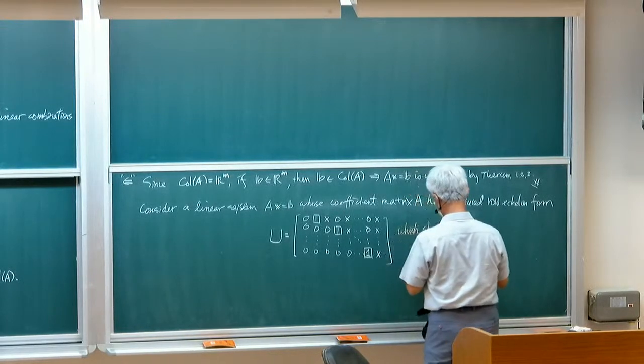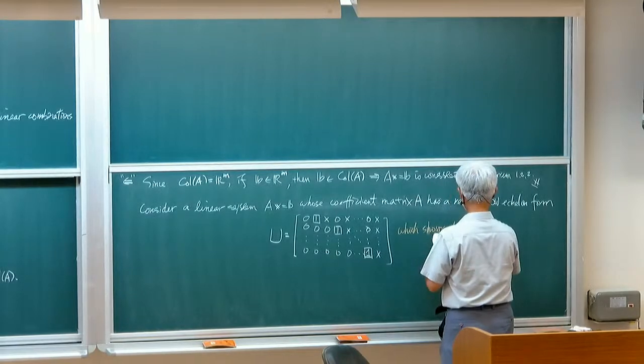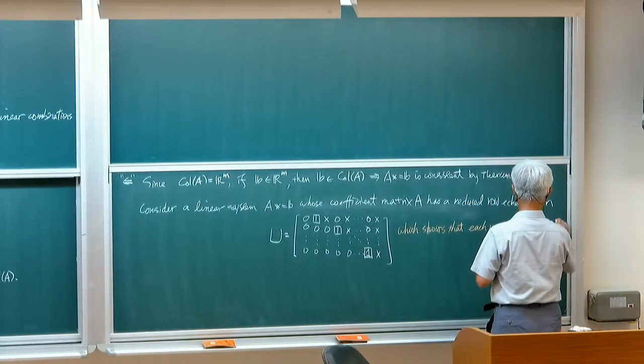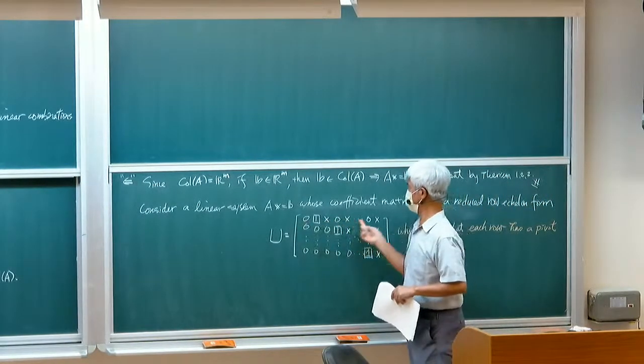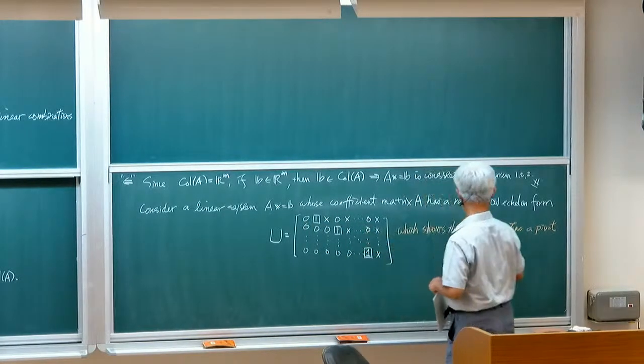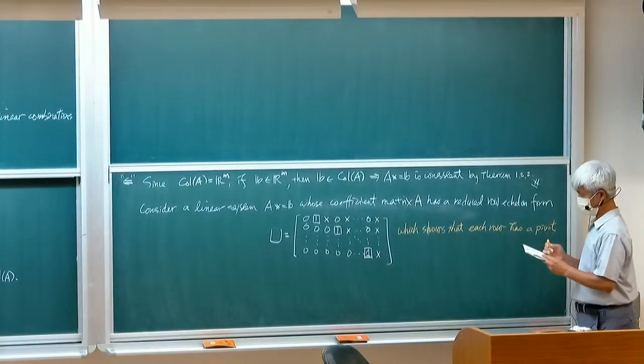All right, which shows that each row has a pivot. So you can see each row has a pivot. Okay.